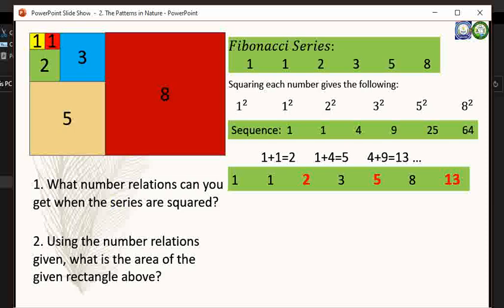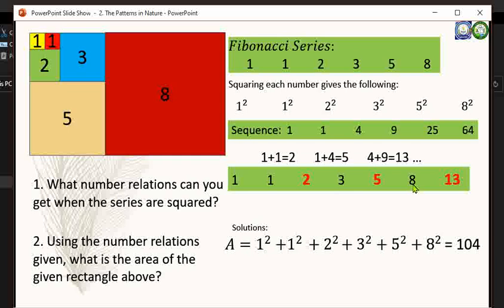The area of a square is the side multiplied by itself, meaning to square each term in the Fibonacci series. So that's 1 times 1, 1 times 1, 2 times 2, and so on. Hence, the area of the entire rectangle is actually 104 if we add all the squared terms of the Fibonacci series.